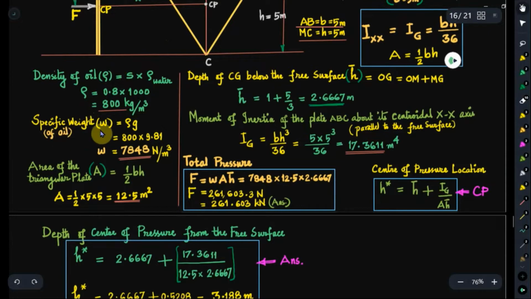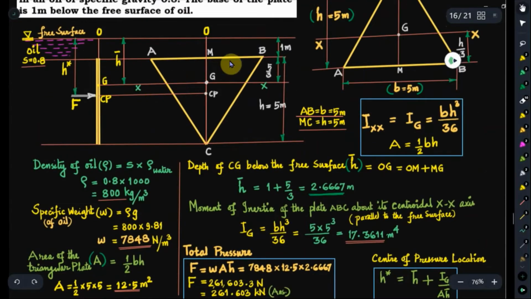We know that in SI units, specific weight w is equal to rho into g. So specific weight of oil here represented by small w is equal to 800 into 9.81. So that is 7,848 Newton per meter cube. That is specific weight of oil here. And what is the area of the triangular plate?